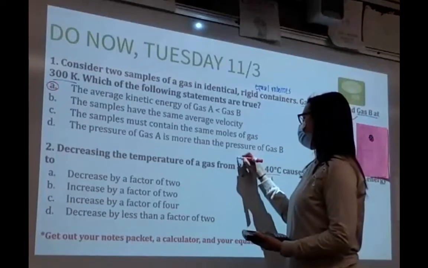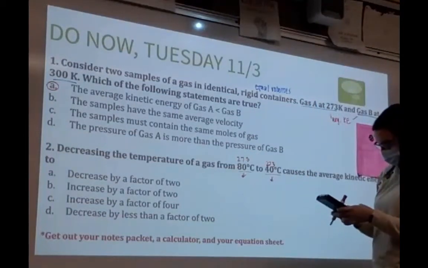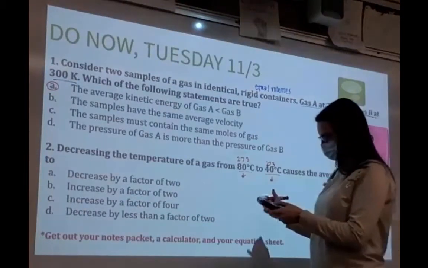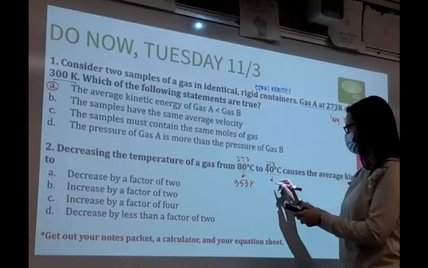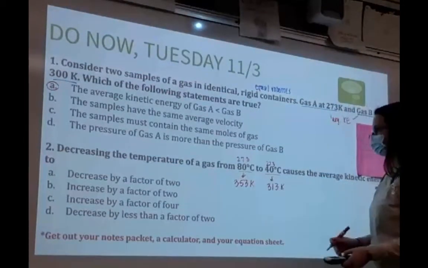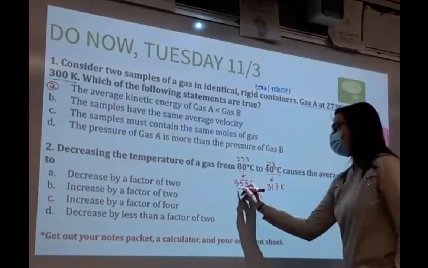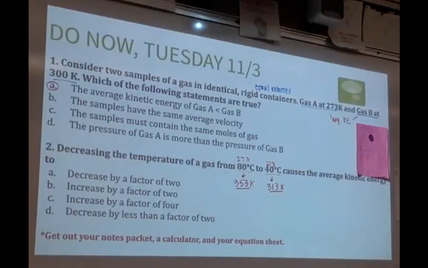So I'm going to add 273 to both of these. 80 plus 273, so we have 353 Kelvin, and 313 Kelvin. This is what we look at when we're looking at how variables will change.